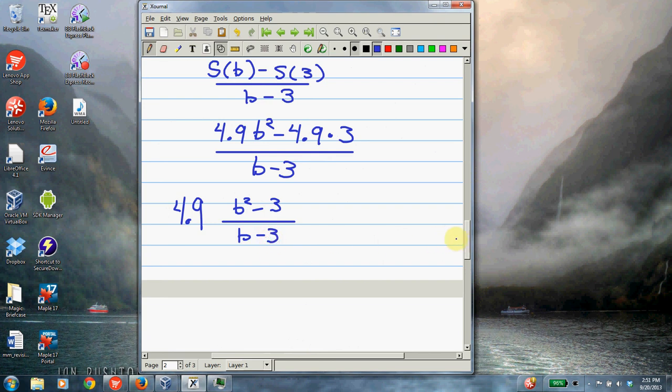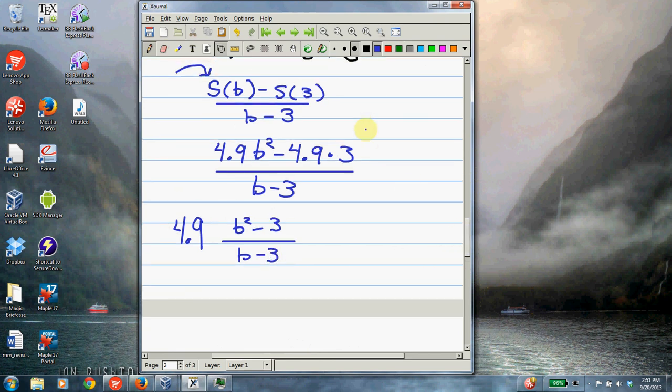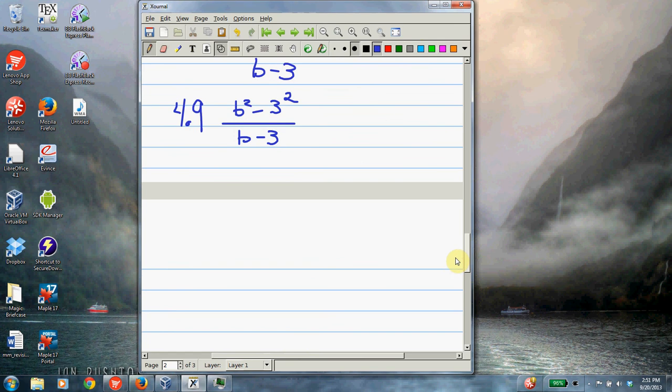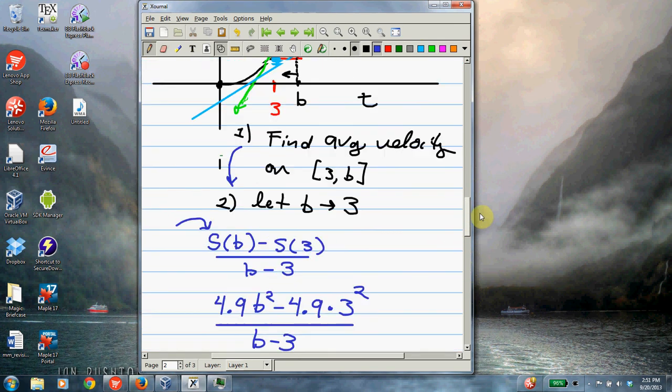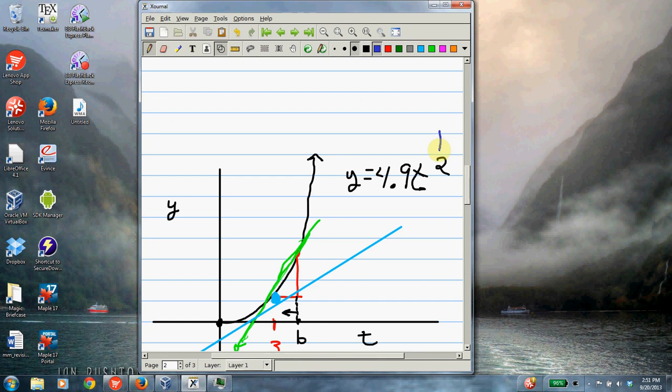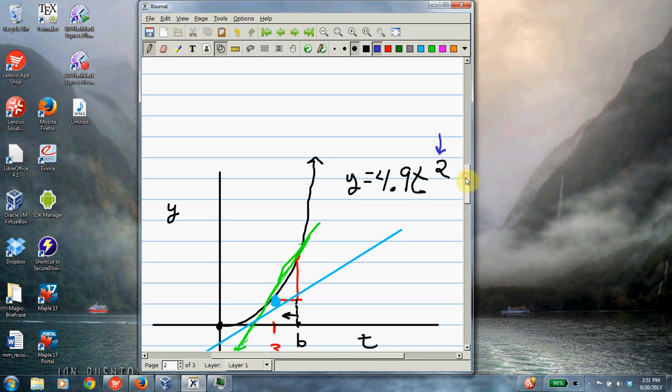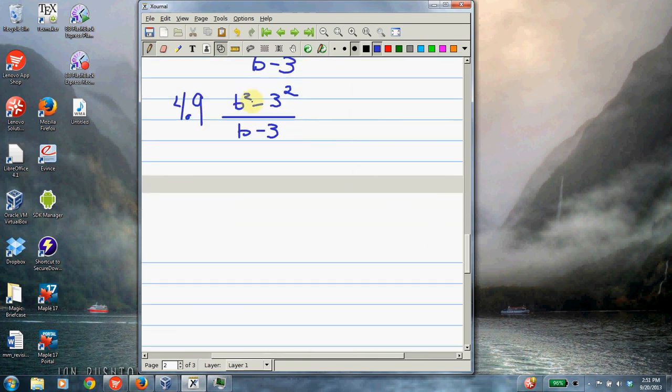Okay. And, oh, I forgot to square this 3, didn't I? Yes, sorry about that. So that 3 should be squared. Okay. And now you can probably see that this is on top, and the reason the 3 is squared is because of the formula. There's a square here that I ignored. See? Now, this is just the difference of squares formula. So on top I have, well, I'm just writing the 4.9 first.